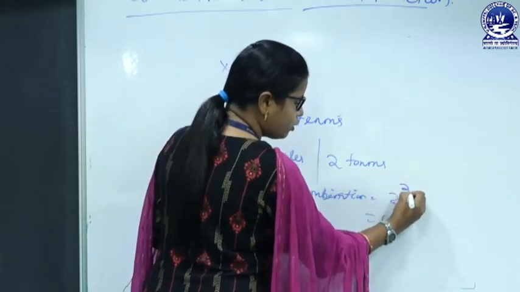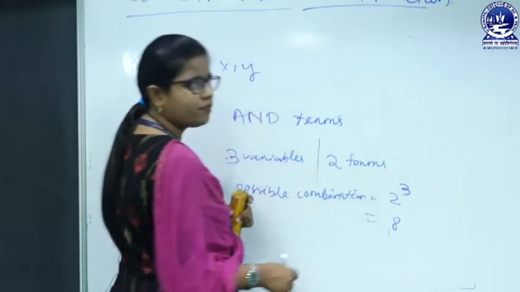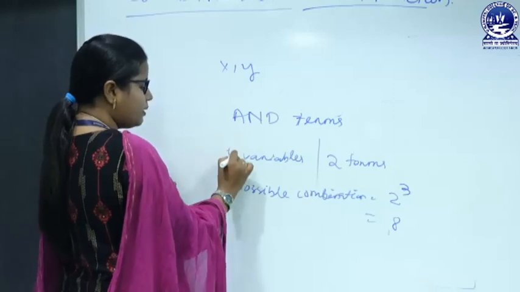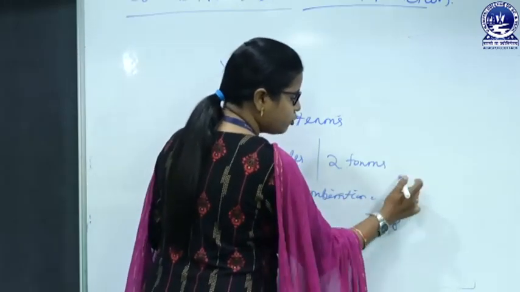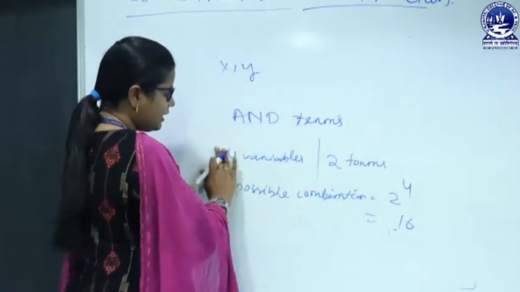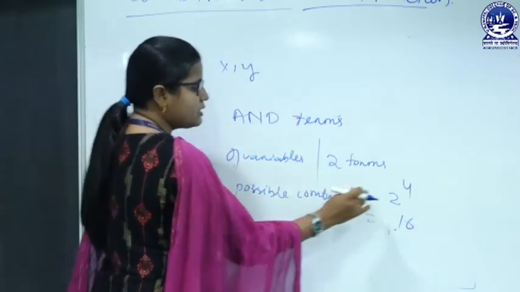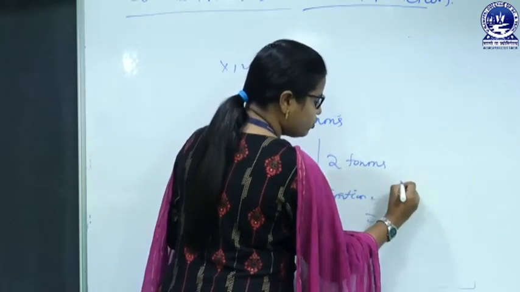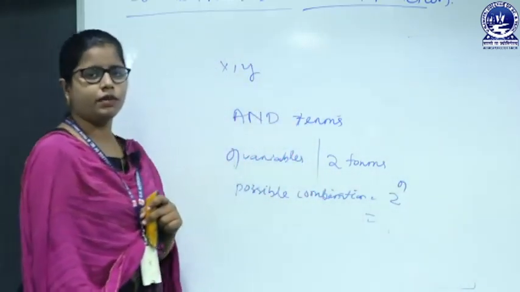There will be 2 to the power 3, that means 8. If we have 4 variables, then we will have 2 to the power 4, that means 16 possible combinations. And if we have n variables, then we will have 2 to the power n possible combinations.